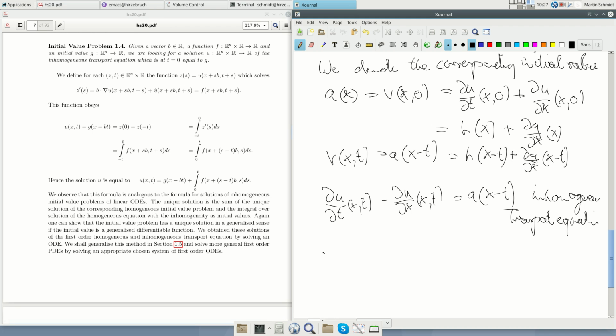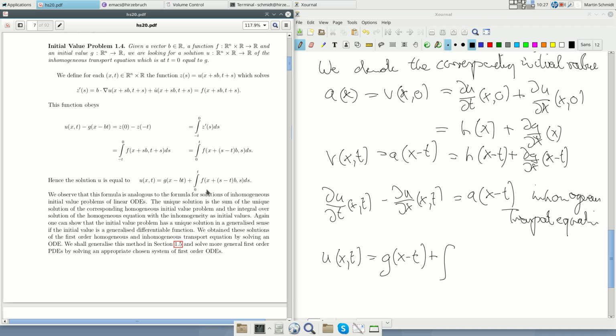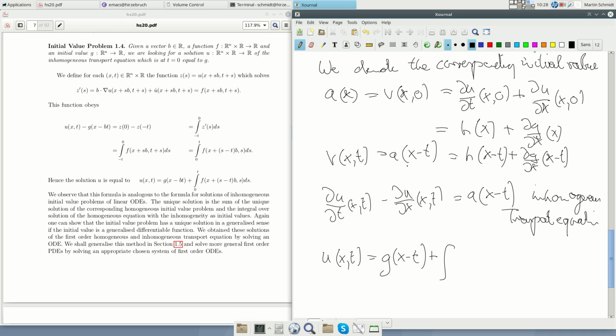So we obtain u of x,t is equal to the initial value, g of x minus b t, plus the integral over the inhomogeneity, which is the integral from 0 to t of a of x plus s minus t.